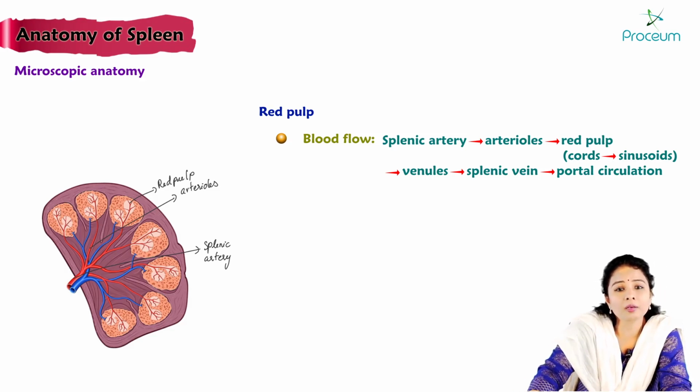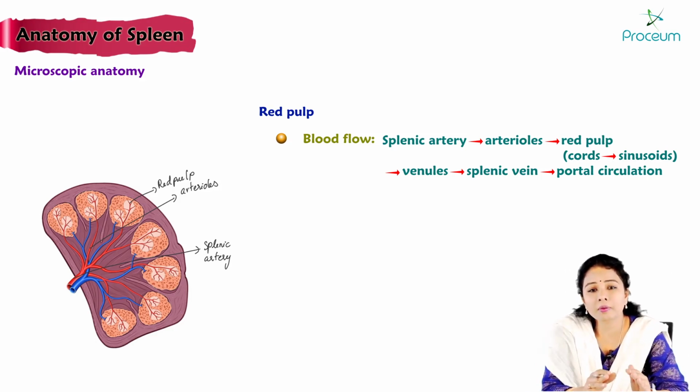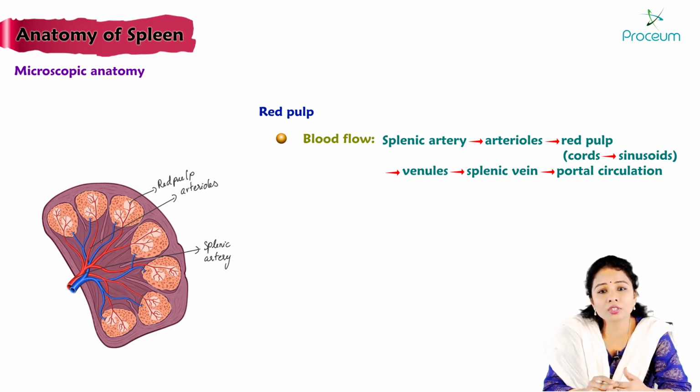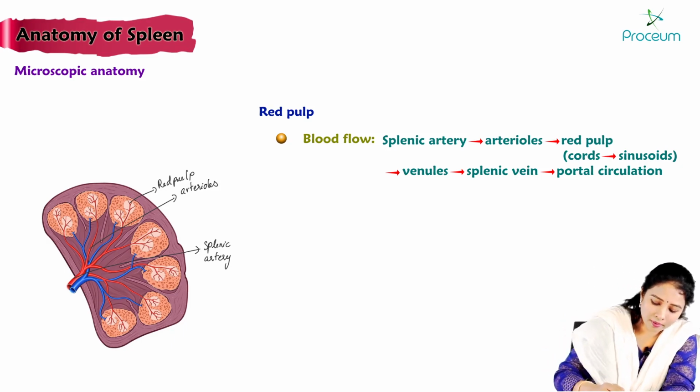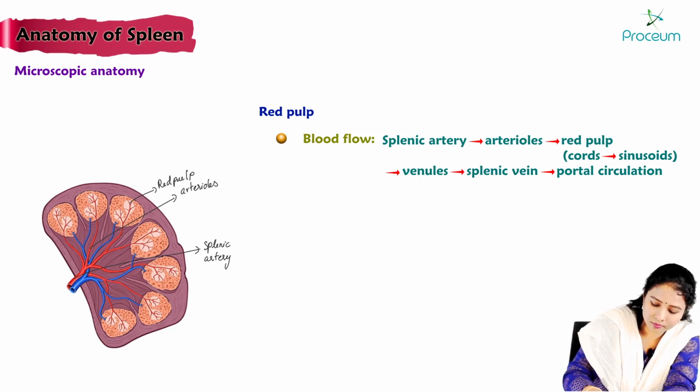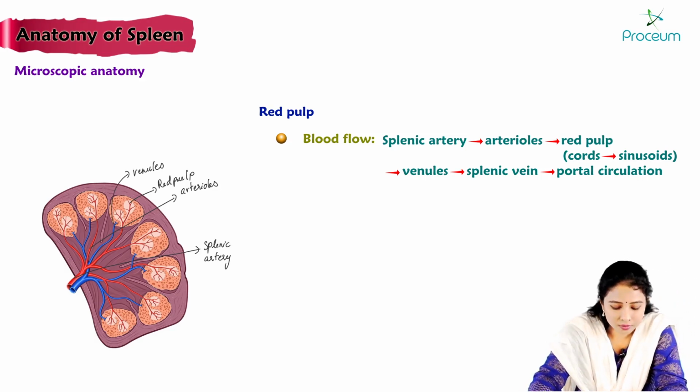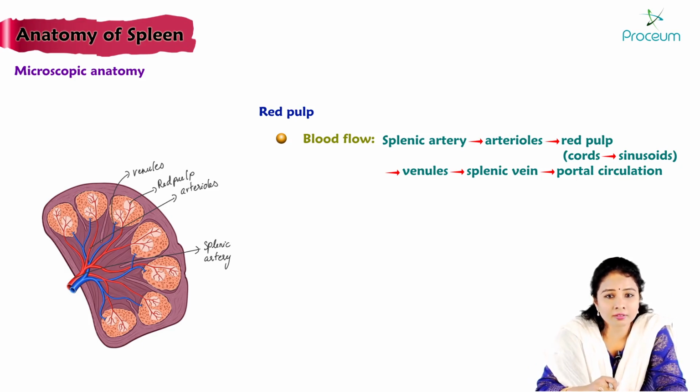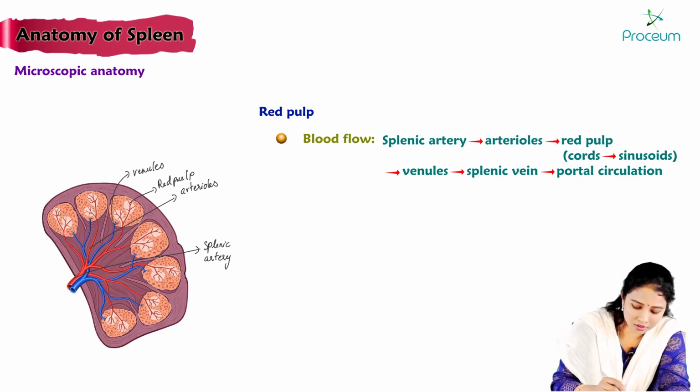And from the red pulp, the blood flows into the cords and sinusoids. And from the sinusoids, it is connected by the venules. And from the venules, the blood is drained via the splenic vein into portal circulation.